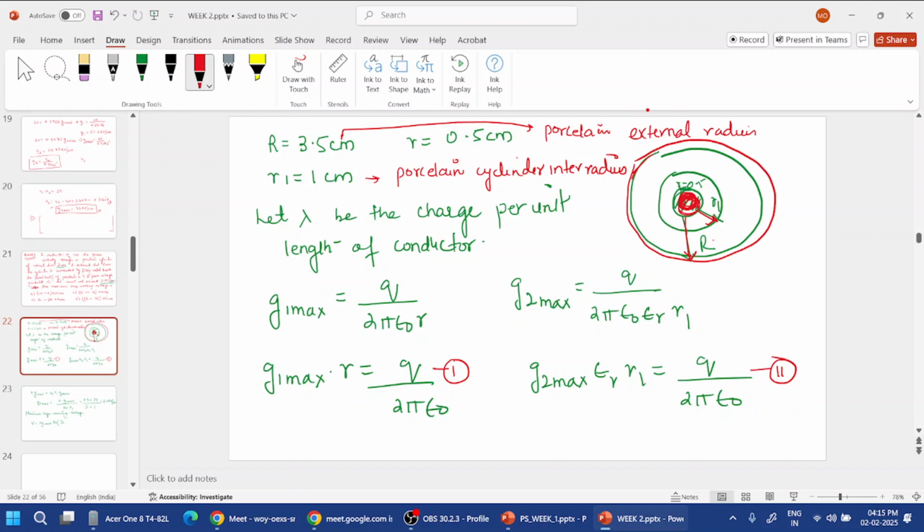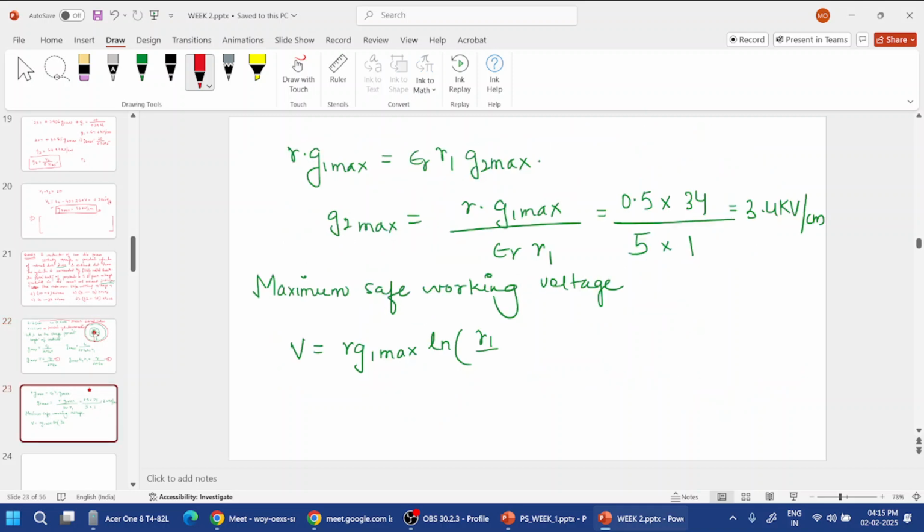For this system, we have to calculate the maximum safe working voltage. But there is a condition given in the question that the peak voltage gradient in air must not exceed 34 kV per centimeter. So basically, log R1 by R plus R1 G2 log capital R by R1.